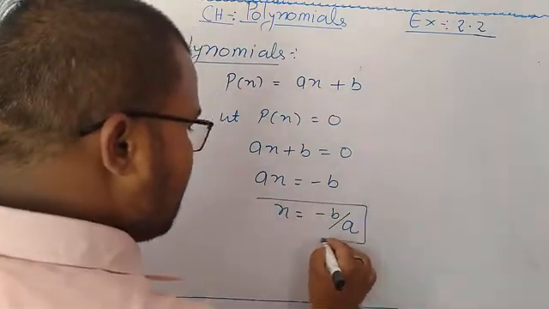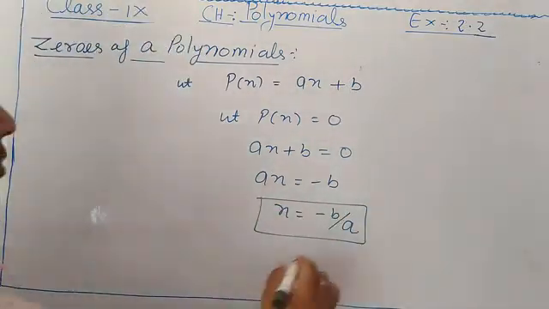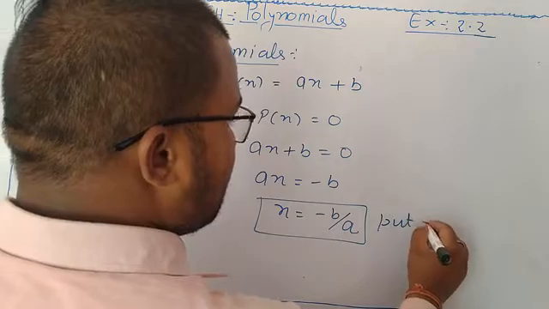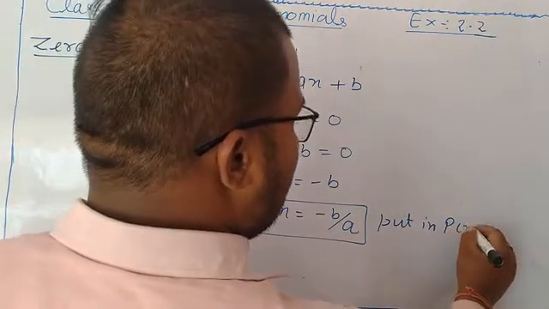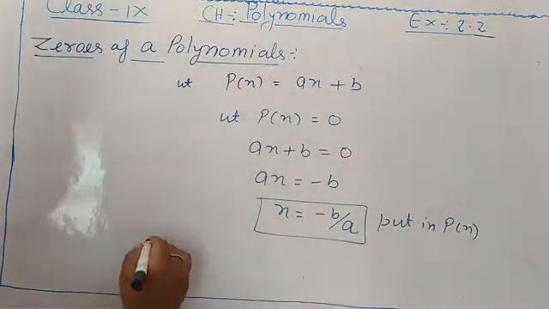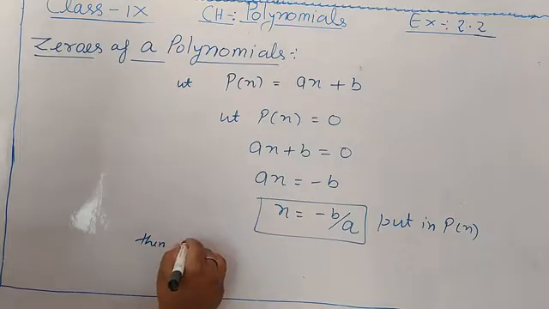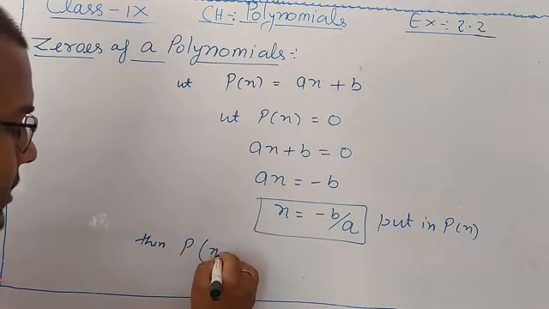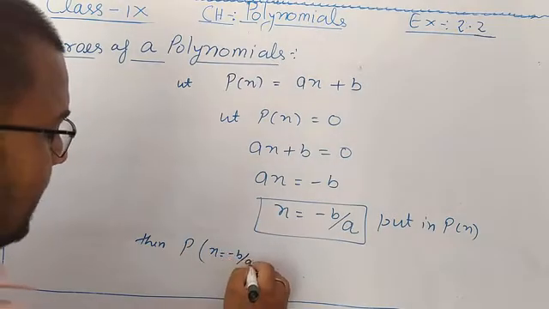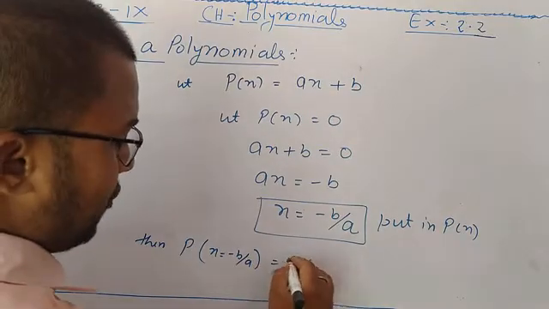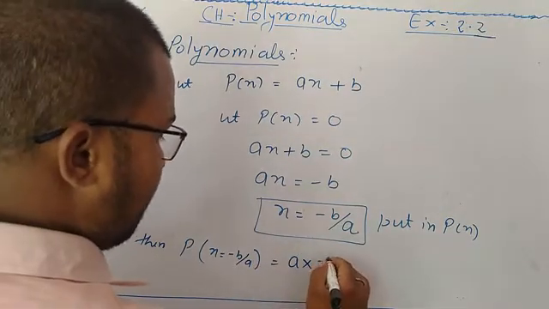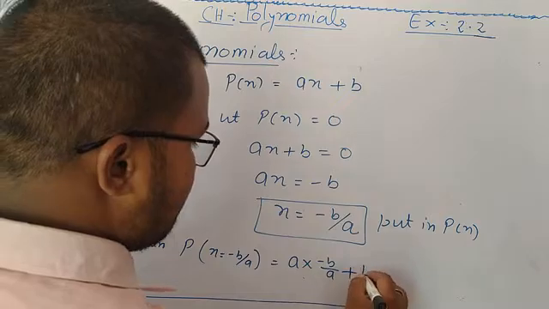If x is equal to minus b by a, put it in p(x). Then p(x) at minus b by a is equal to a into minus b by a plus b.